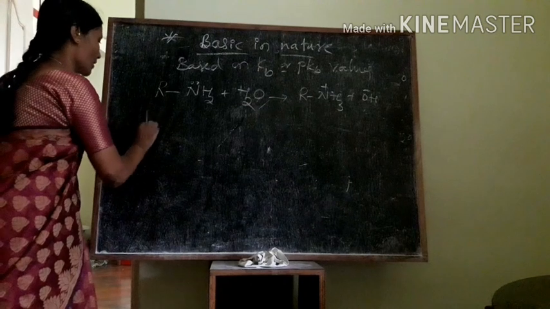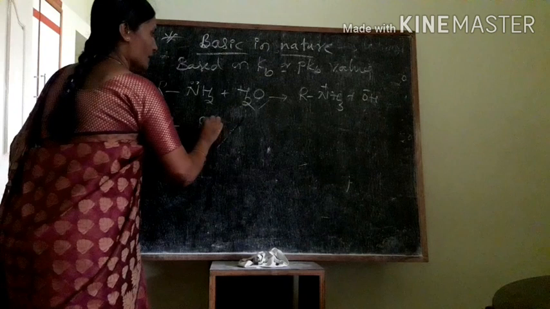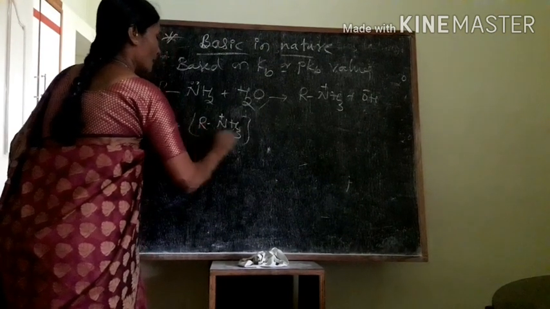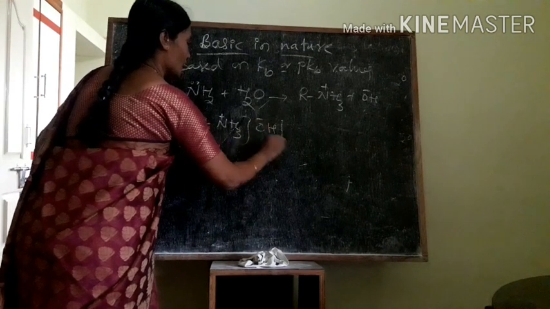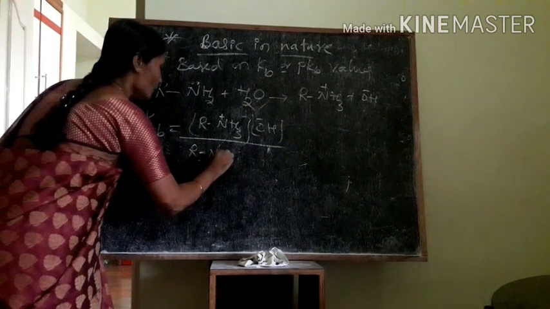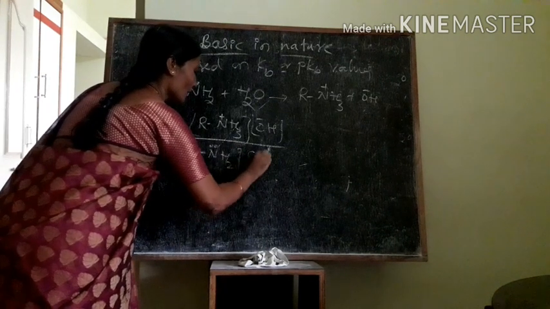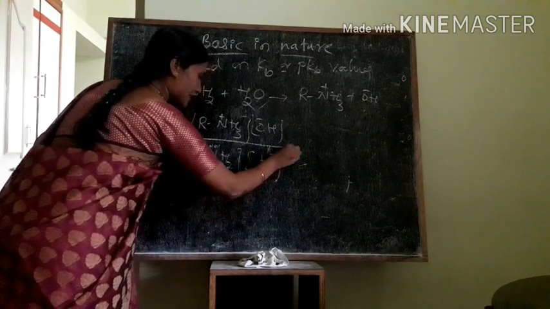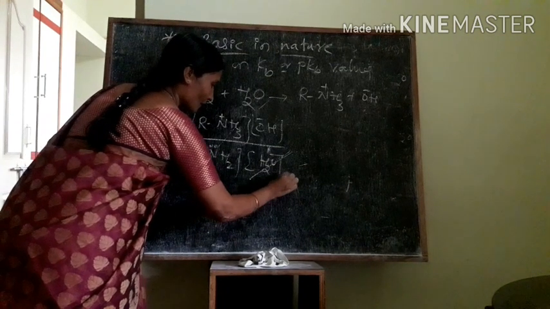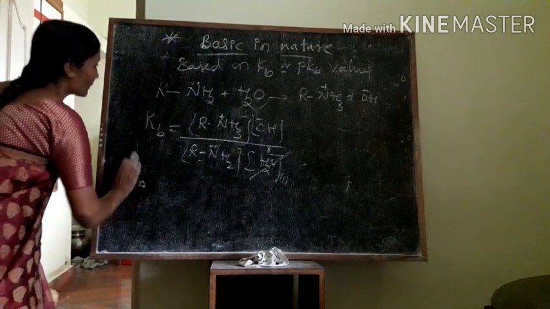Take its dissociation constant, Kb, equal to RNH3+ and OH- over RNH2 with its lone pair and H2O. We consider water as a liquid, hence it is negligible.